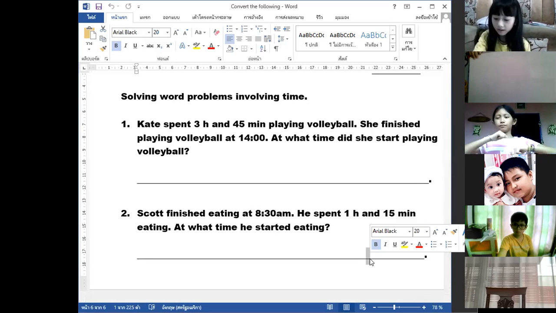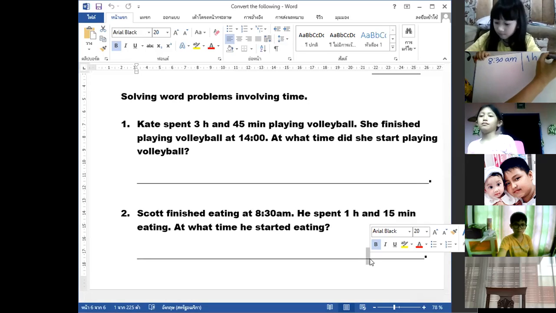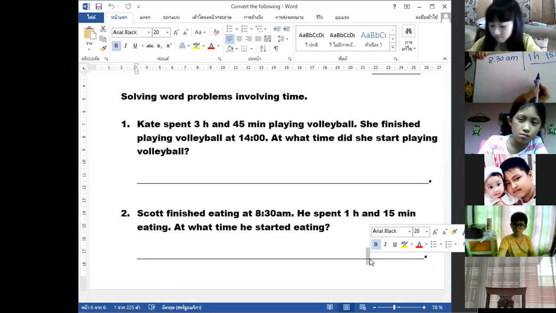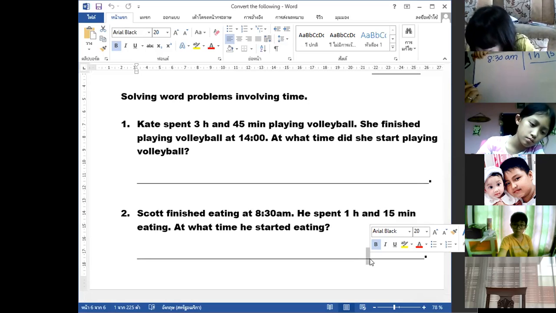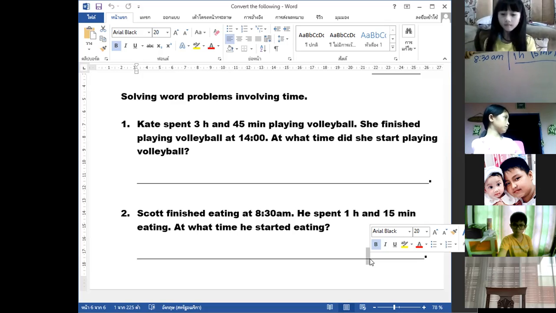So again, Scott finished eating at 8:30 a.m. and he spent 1 hour and 15 minutes eating. First we have to draw the number line so we can get the time that Scott started eating.